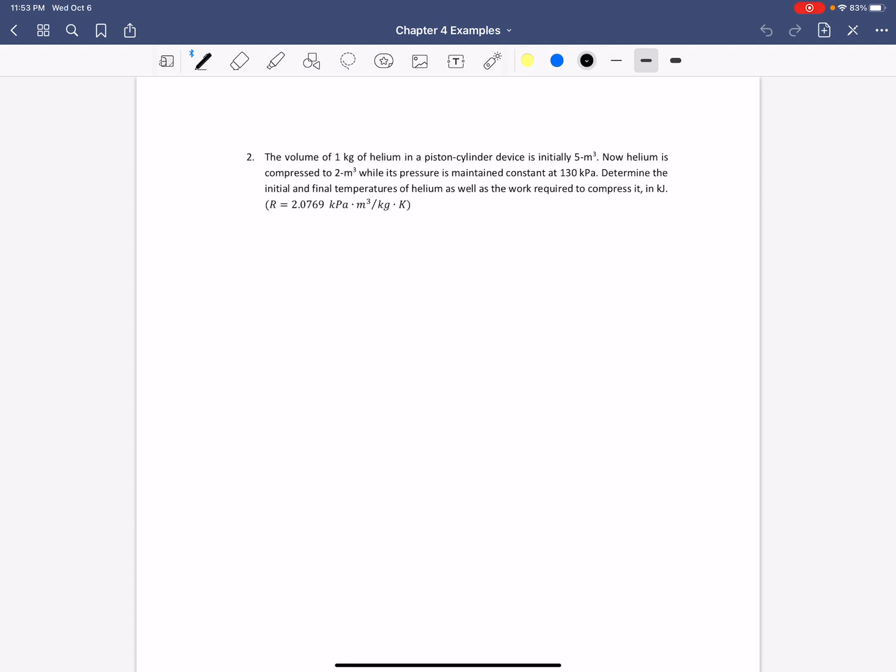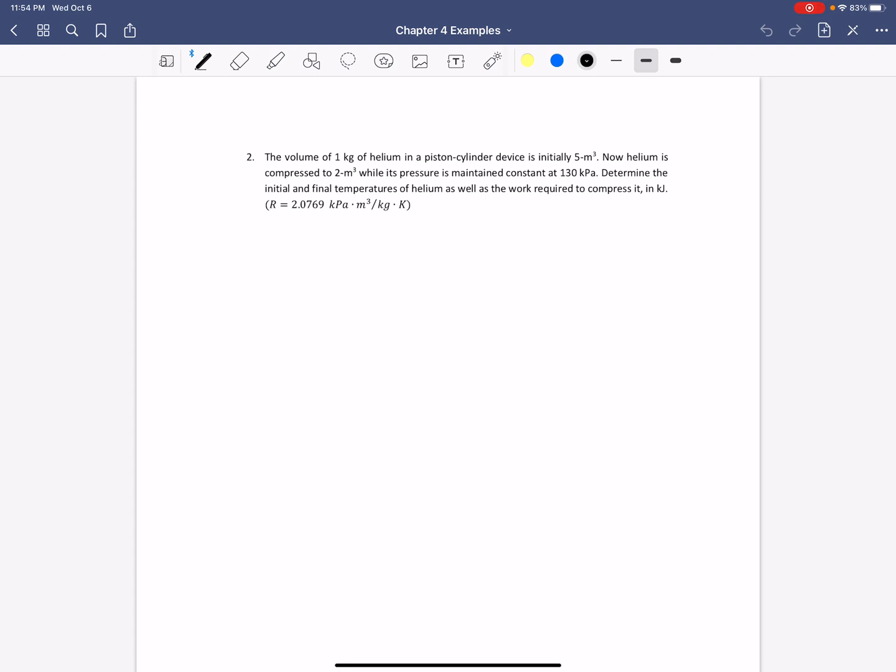Why? Because if we look at table A1 and read the critical pressure of helium, it's going to be 0.23 megapascal, which is higher than the pressure we have, which is 0.12 megapascal.